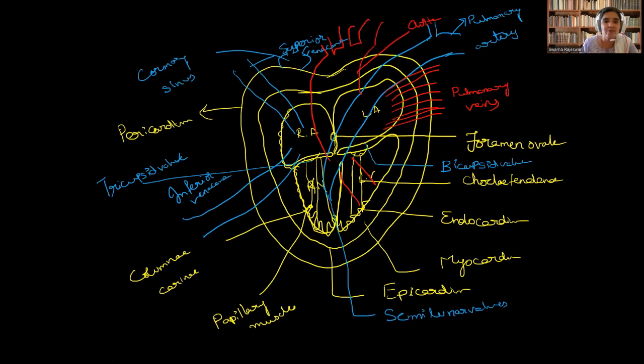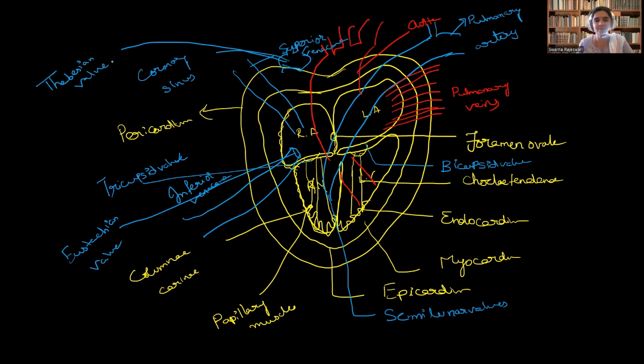And the Eustachian valve is present here, at the opening of the inferior vena cava. Write it also. And near the coronary sinus, there is the Thebesian valve. Write that also. That's it. We have named almost everything. Okay. So this is about the structure of the heart.